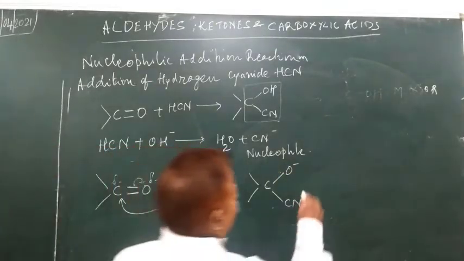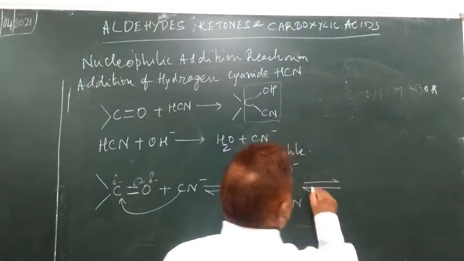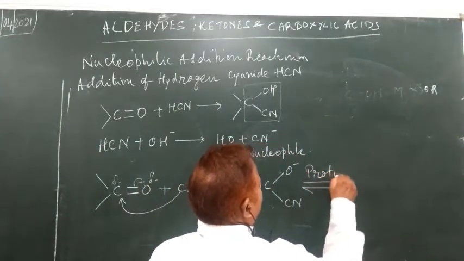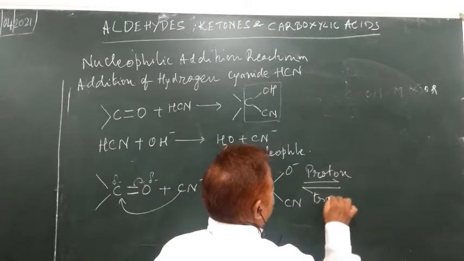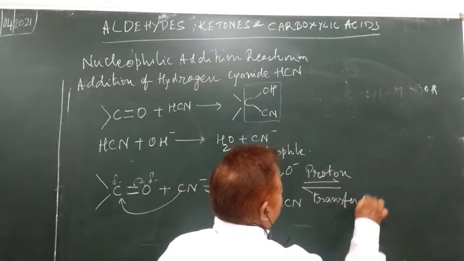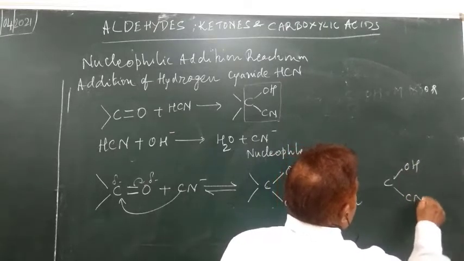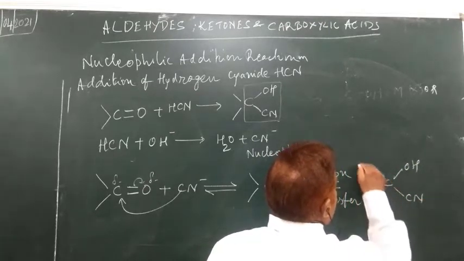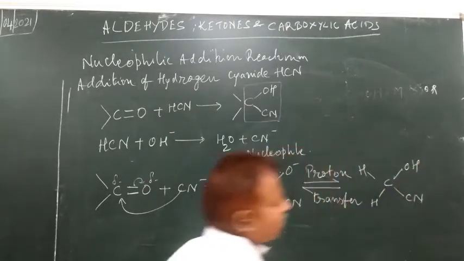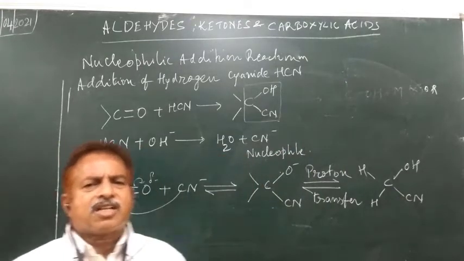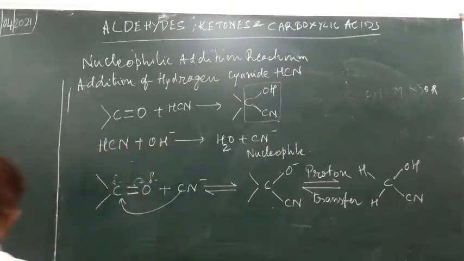And here proton transfer takes place. Therefore, we get OH and CN. So this class of substances is referred to as cyanohydrins.